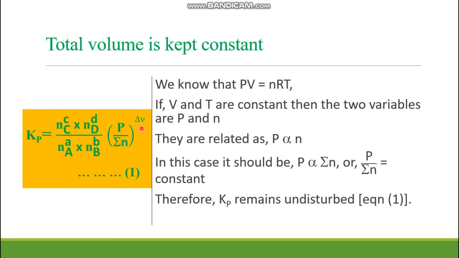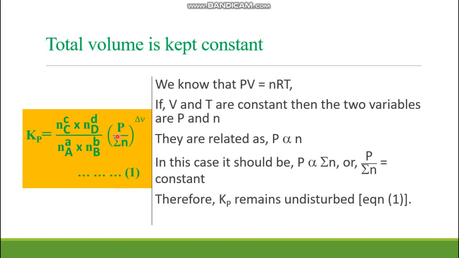Then whatever be the value of delta nu, it does not affect the value of Kp, because on increase or decrease, whatever is done, the pressure would also change itself. If inert gas is introduced, then pressure would also increase, then the ratio is the same, isn't it?